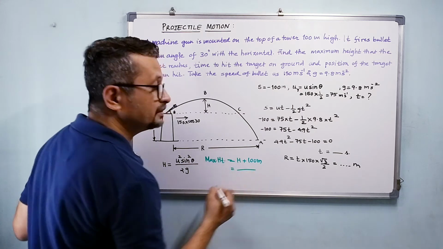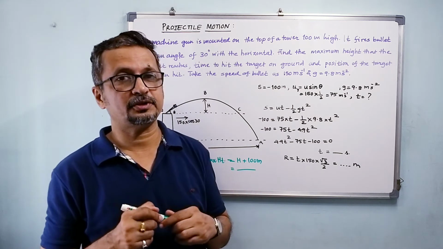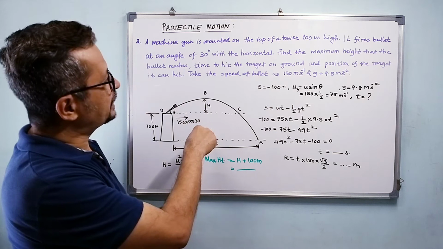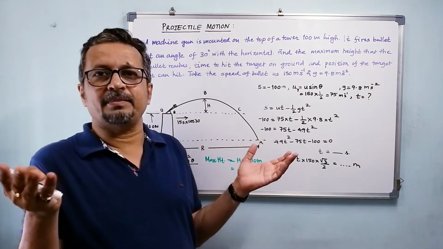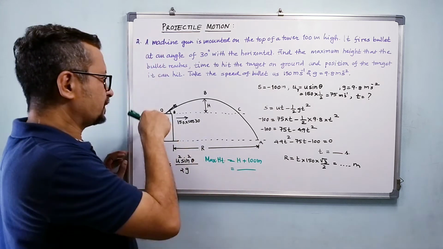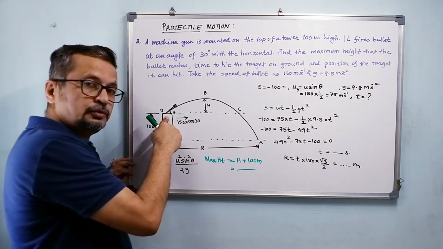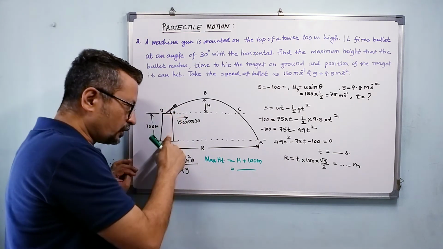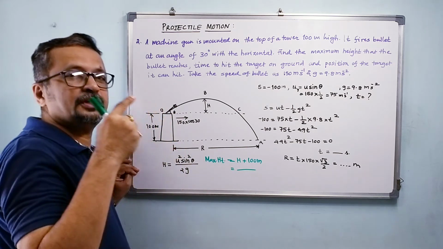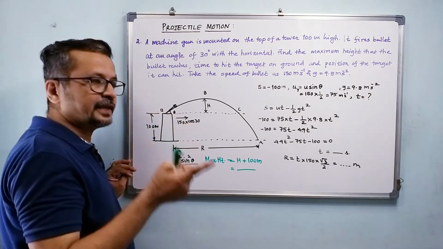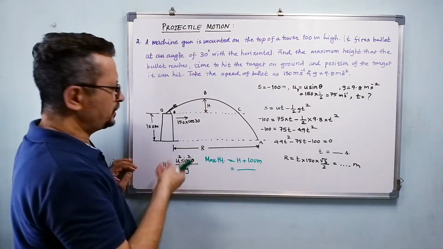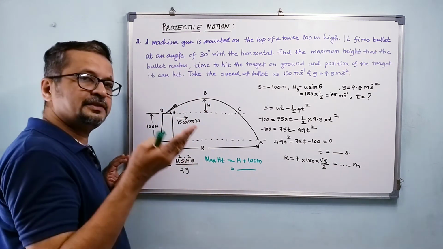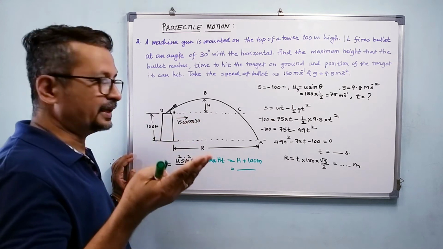So whatever h that you get, you have to add 100 meter to that, and then write your answer. So here we did very basic things, right? We found out the time taken for this vertical displacement of 100 meter. From that time we got our range, and for maximum height, we didn't have to do anything there.